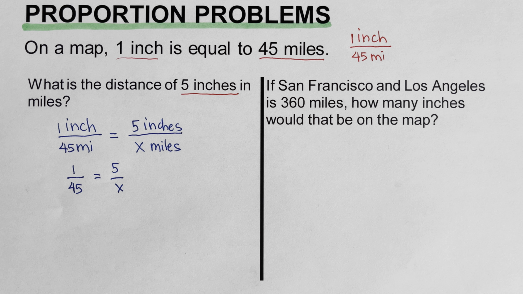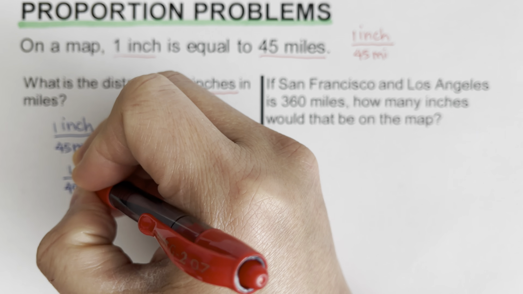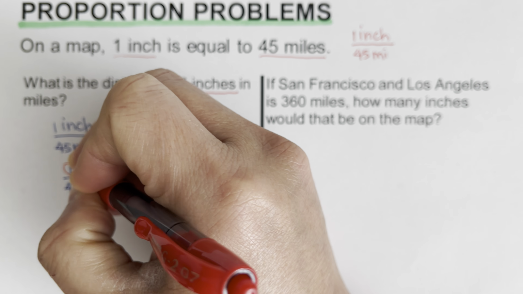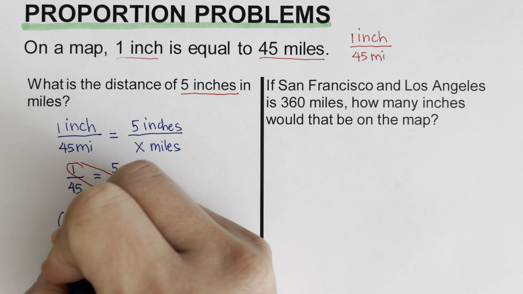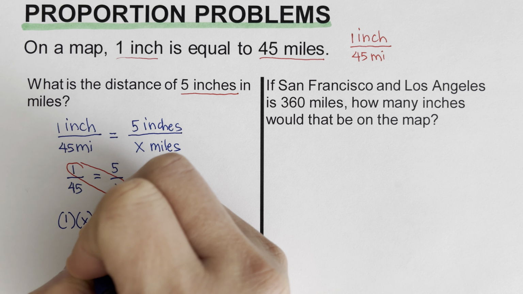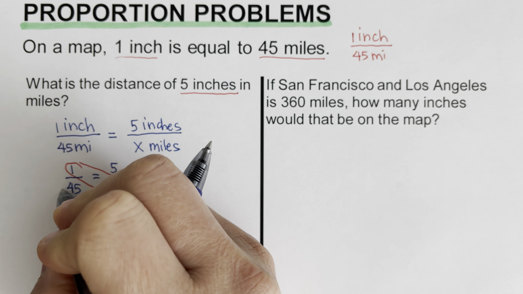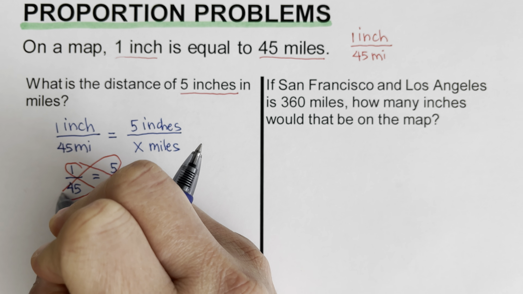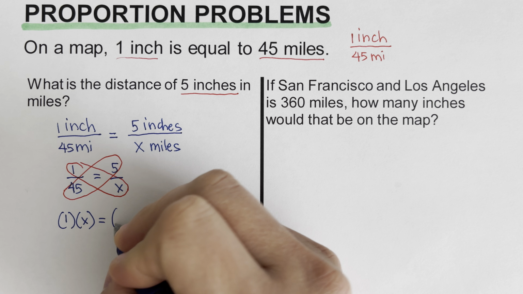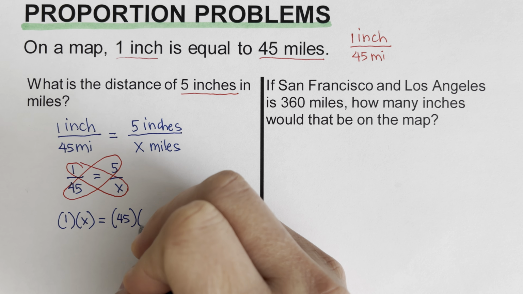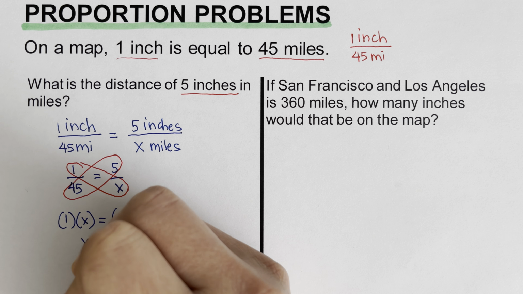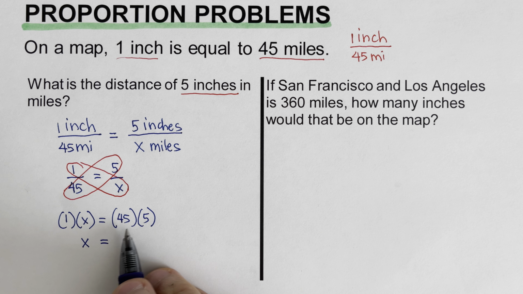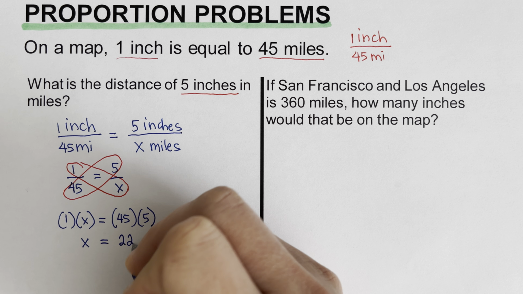We are going to cross multiply to solve for x. So the 1 and the x shall be multiplied together: 1 times x is equal to the other product, 45 times 5. 1 times x is just x, and 45 times 5 is 225.